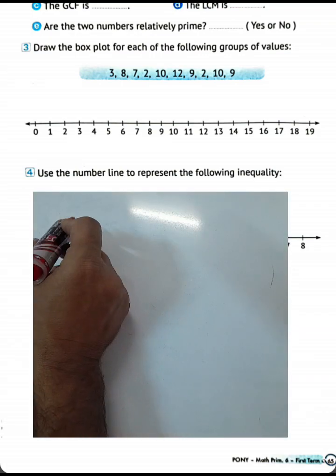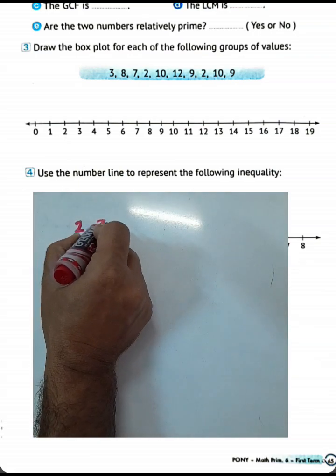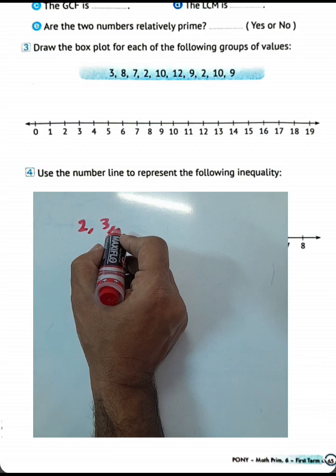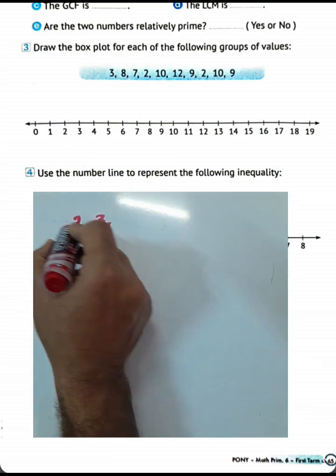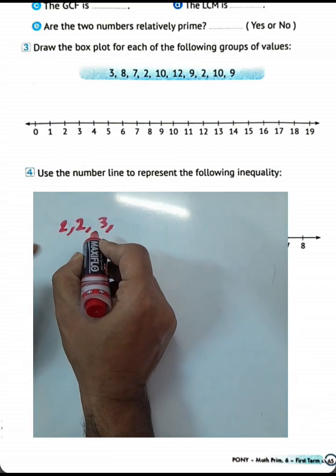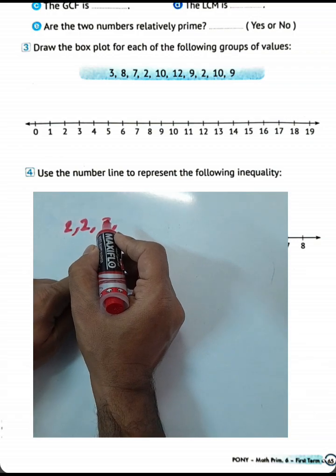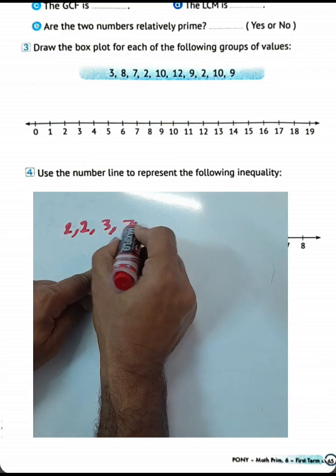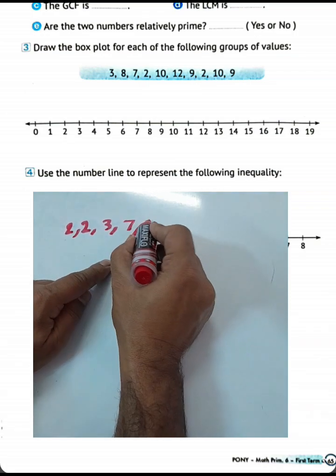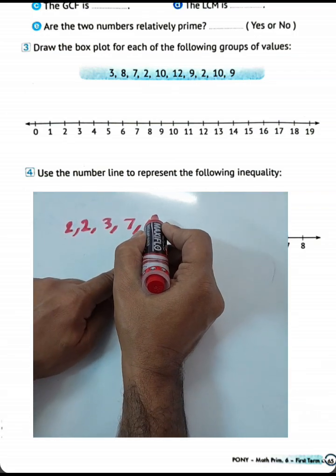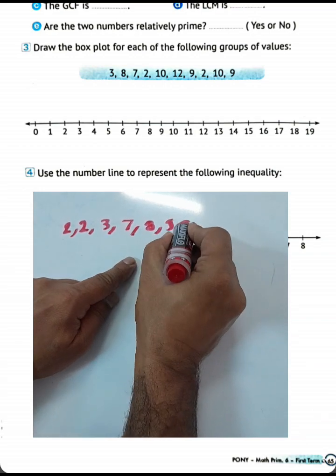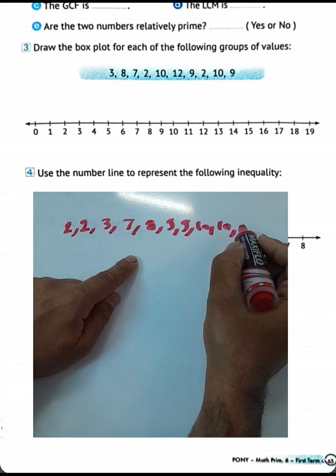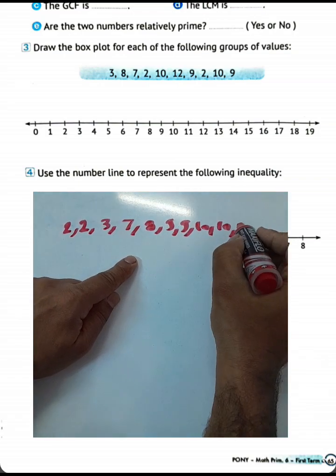Write 2 first, 2, 3, 2 again. We have 2 and 2 and 3 here, 4, 5, 6, 7, 8, 9 and 9, 10 and 10, and 11, 12.